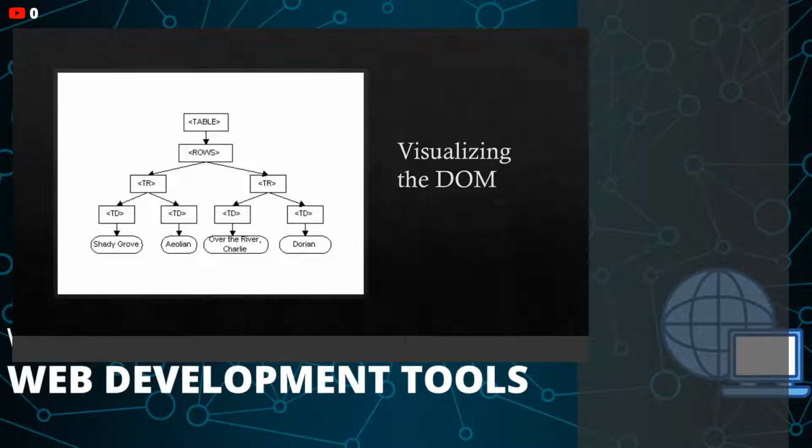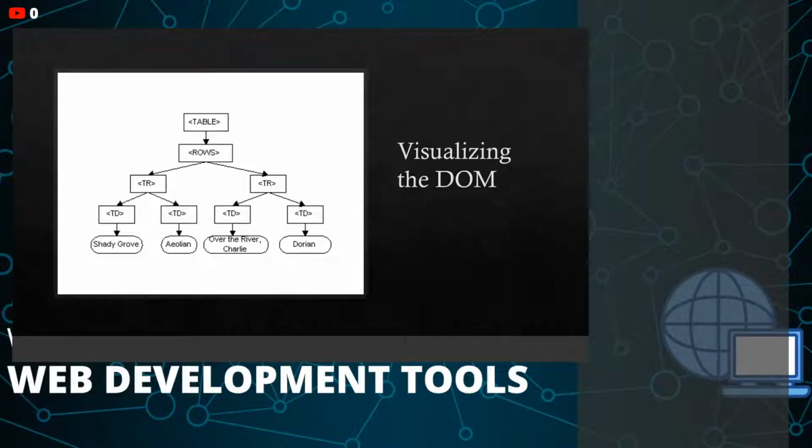And as we break things down further, we get into examples like the one you're seeing here, where you have a table, and inside of that table you have nested rows, and inside of those nested row tags you might have TR tags, and inside of those nested TR tags you might have nested TD tags, and inside of those nested TD tags you have text. We just have this tree structure that's built.